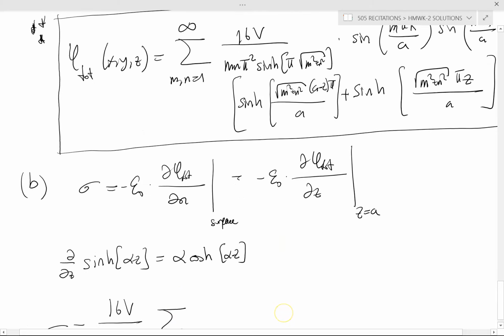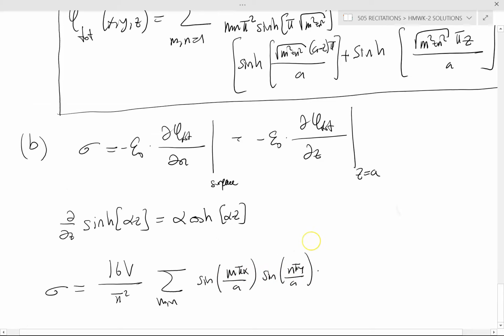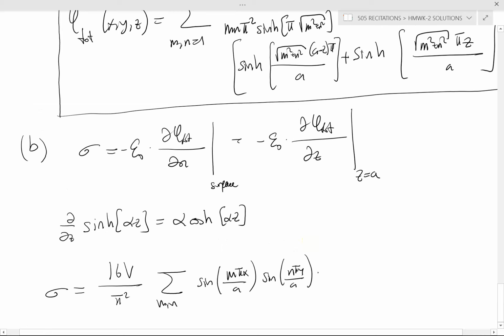I need to take x and y coordinates as still sine of m pi x over a and n pi y over a, but now I need to make sure that the alphas are taken outside the coefficients of z.